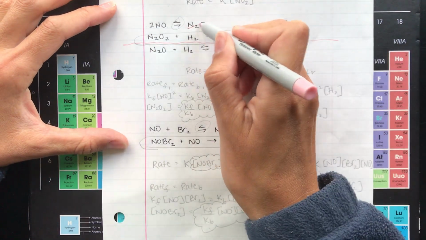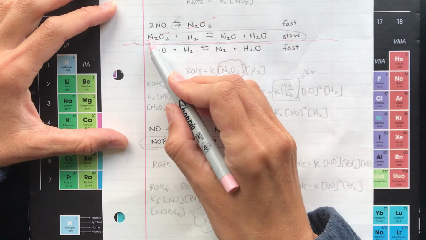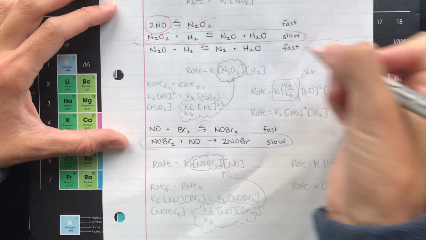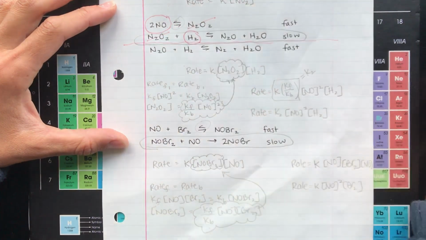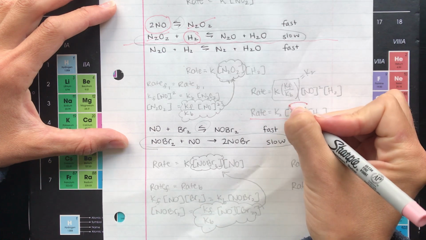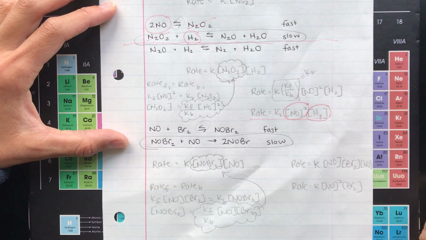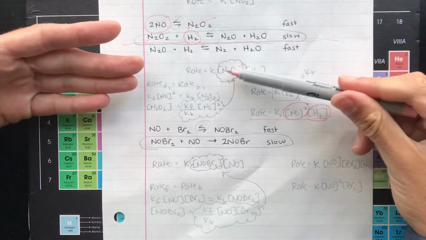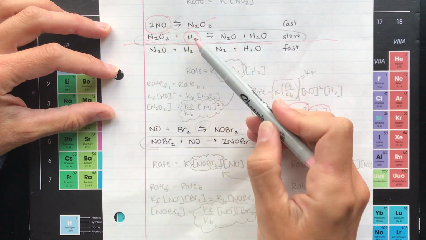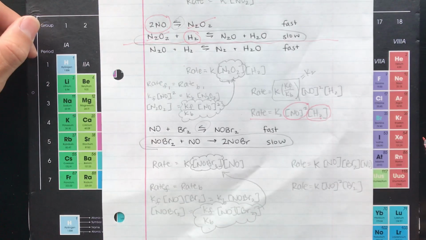If I cancel this intermediate, produced and then consumed, all that's left is 2 NOs and an H2. And if you look at your rate law, it has 2 NOs and an H2. That's it. So you don't even have to bother with all this math. If you can cancel the intermediate, then anything that's left on the reactants side is in your rate law.